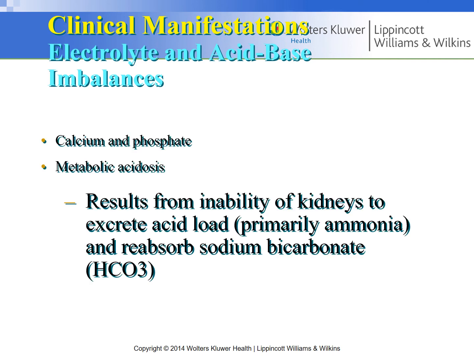Calcium and phosphorus, we already talked about that being an issue. And of course, metabolic acidosis, we've talked about as well. The main reason there is we're holding on to acids that we normally get rid of, primarily ammonia, and we're not reabsorbing the sodium bicarb like we normally should.